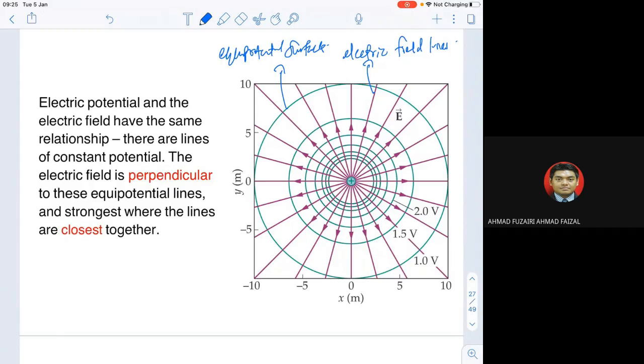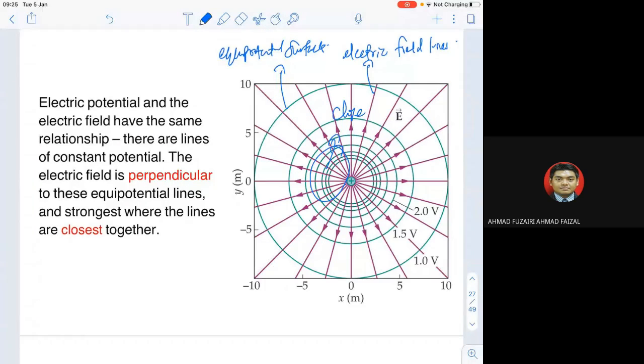As you look at the equipotential surface, you can see that the lines going nearer to the charge, towards the center, are actually closer together compared to when they move far away from the charge itself. You can see here it's more close, dekat-dekat, rapat-rapat.